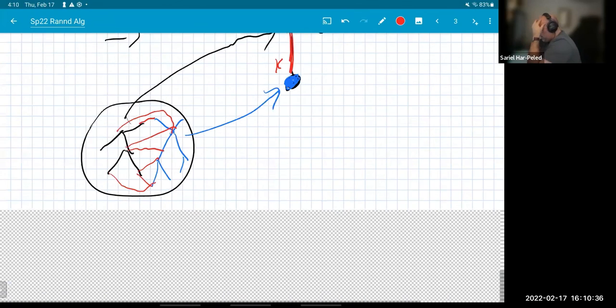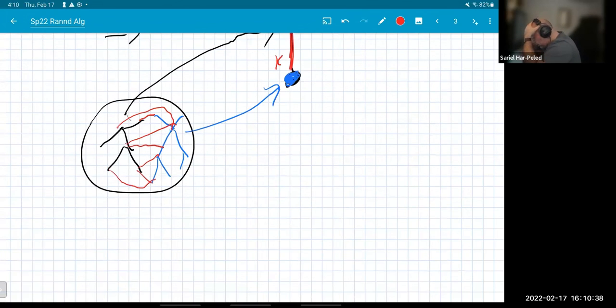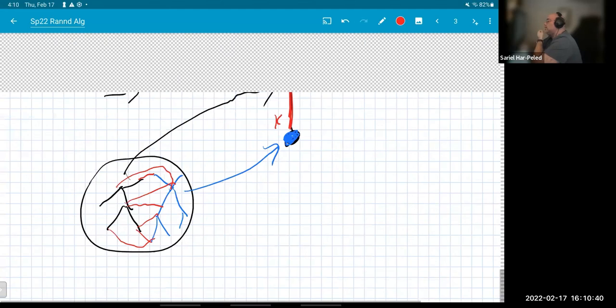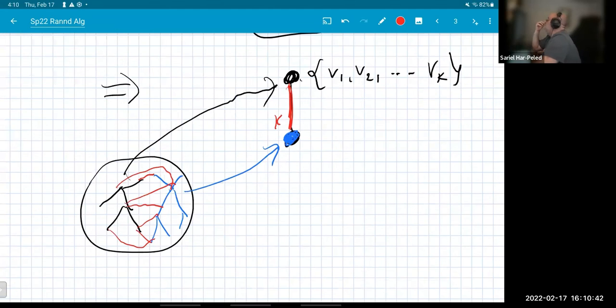By the way, if you think about it, this contraction business is really one way of thinking about how the MST algorithm works, right? So what does Kruskal's algorithm do? Kruskal's algorithm sorts the edges by weights.